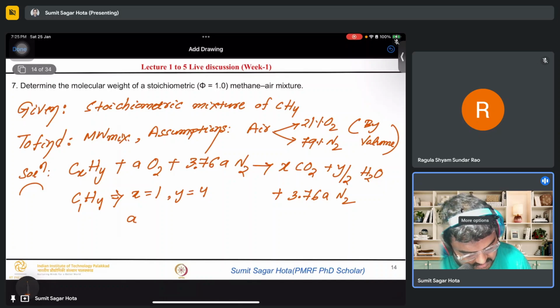And the formula for a is always, remember, x plus y by 4. Okay. If you don't want to remember, you just need to balance all the equations. Okay. So by balancing all these things, this formula came. Okay. If you don't want to do the balance, you can directly write down the equation for CH4, then just balance the left hand and right hand side. Okay.